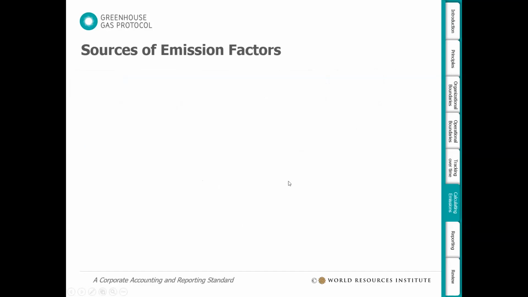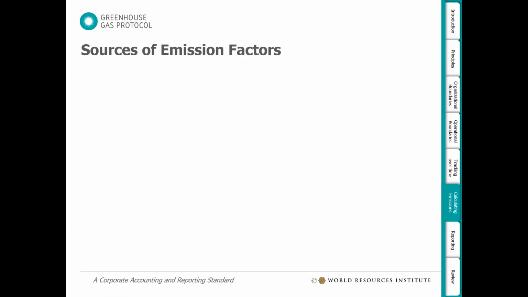If we look at emission factor sources more closely, emission factors are available from a wide range of sources and can be developed for a wide range of spatial scales.